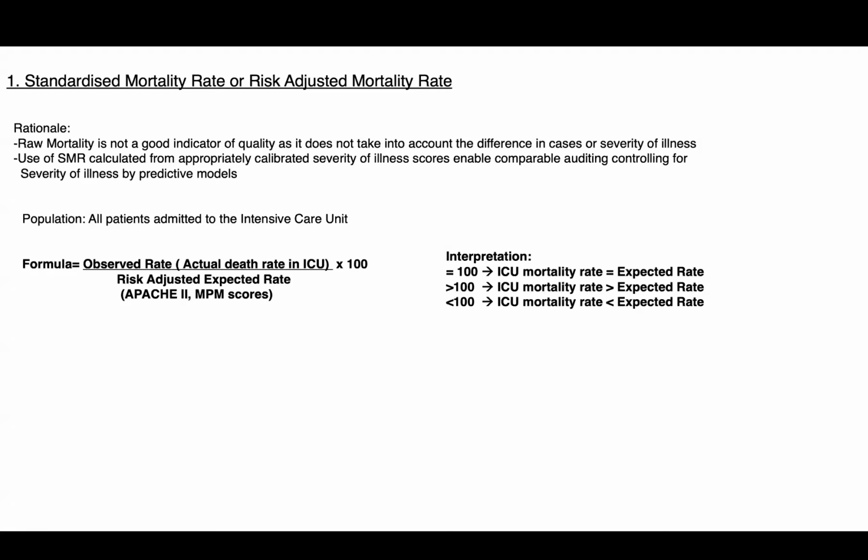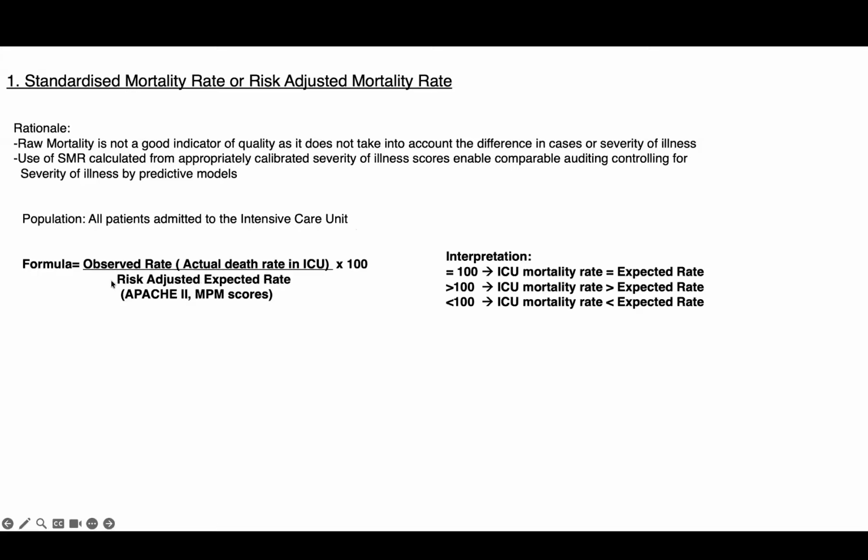So use of SMR calculated from appropriately calibrated severity of illness scores like APACHE II enables comparable auditing, controlling for the severity of illnesses by predictive models. The population that is studied is all patients admitted to the intensive care unit. And the formula is the observed rate, that is the actual death rate in the ICU, divided by the risk adjusted expected rate based on the APACHE II score or the MPM score.